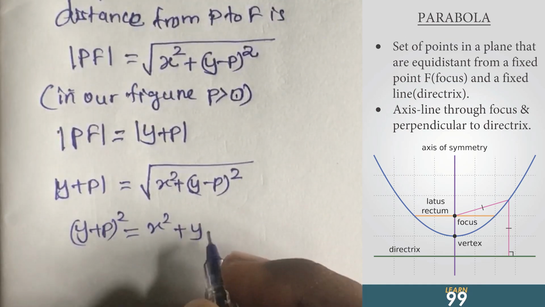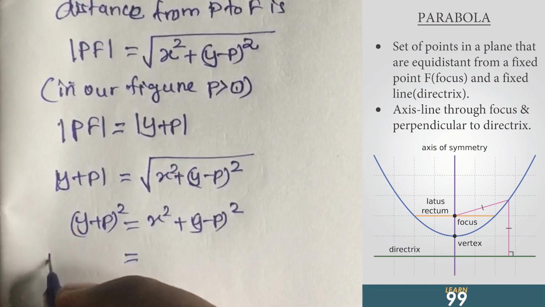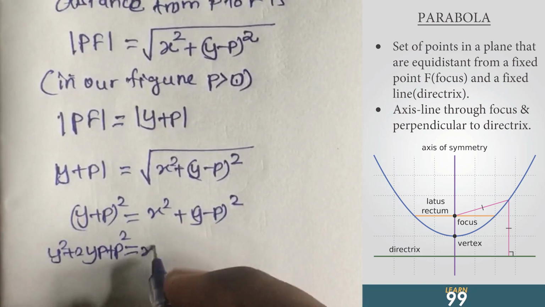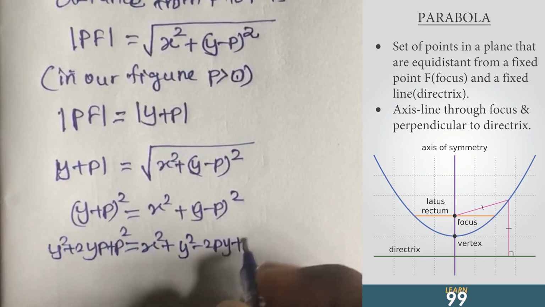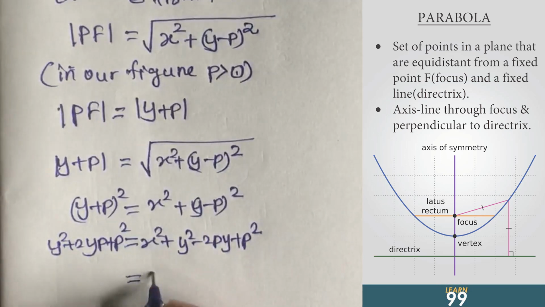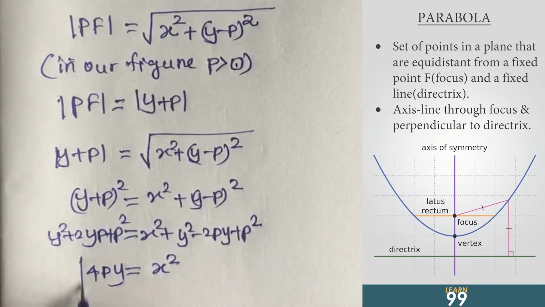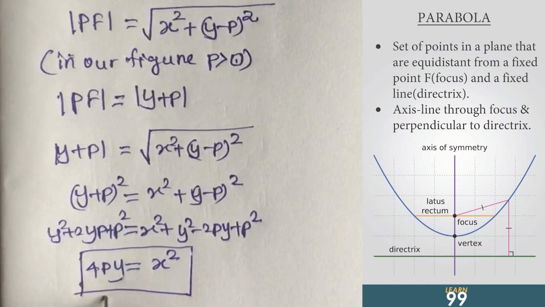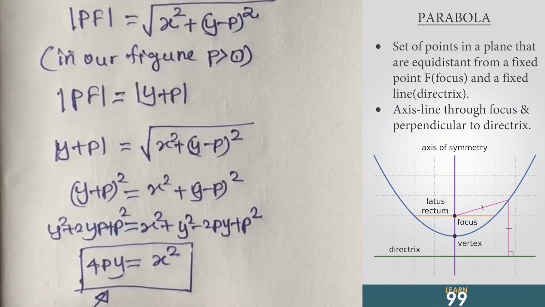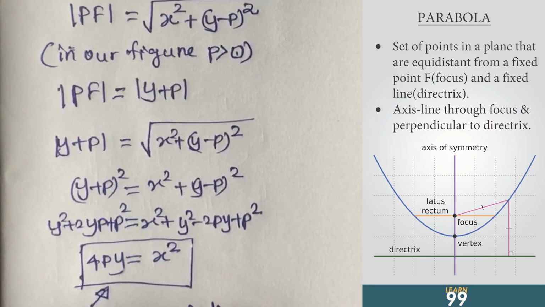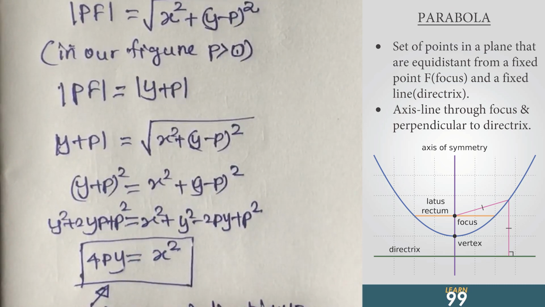Then we get a simple equation which is x squared equals 4py. This equation is produced when the focus is at (0, p) and also the directrix at y equals minus p. We have to note this down.